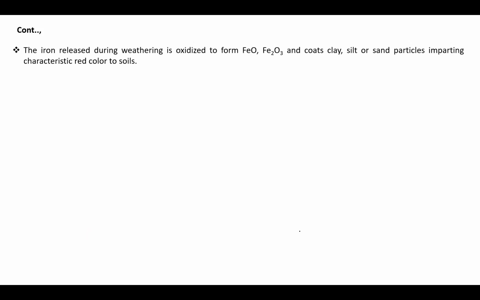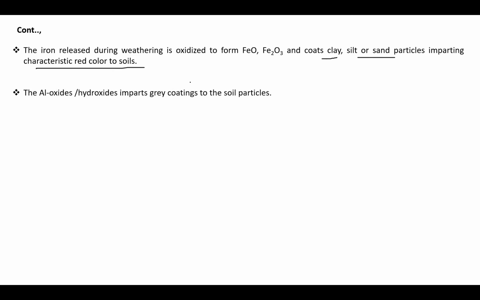Please follow it, in continuation to my previous lectures. So what happens during this weathering process is that ferrous oxide will be converted to ferric oxides, and these oxides coat the clay, silt and sand particles, imparting a characteristic red color to the soils. Due to the weathering, these laterite soils mostly look very red, because of this ferrous and ferric type of iron oxide.